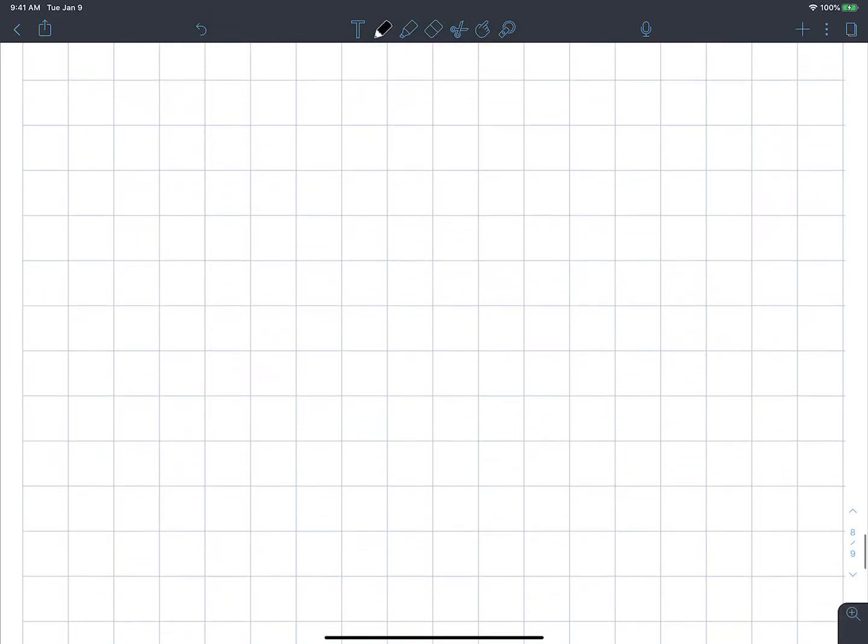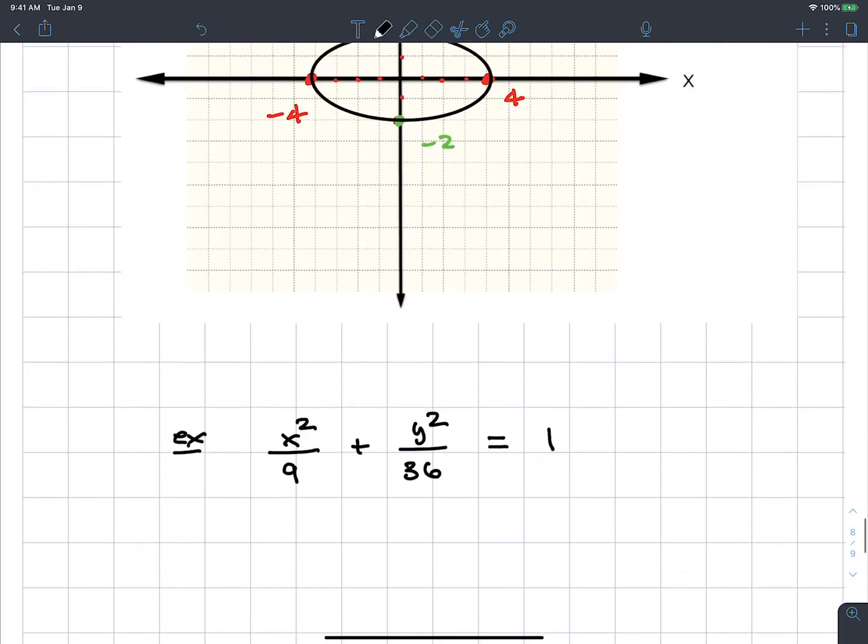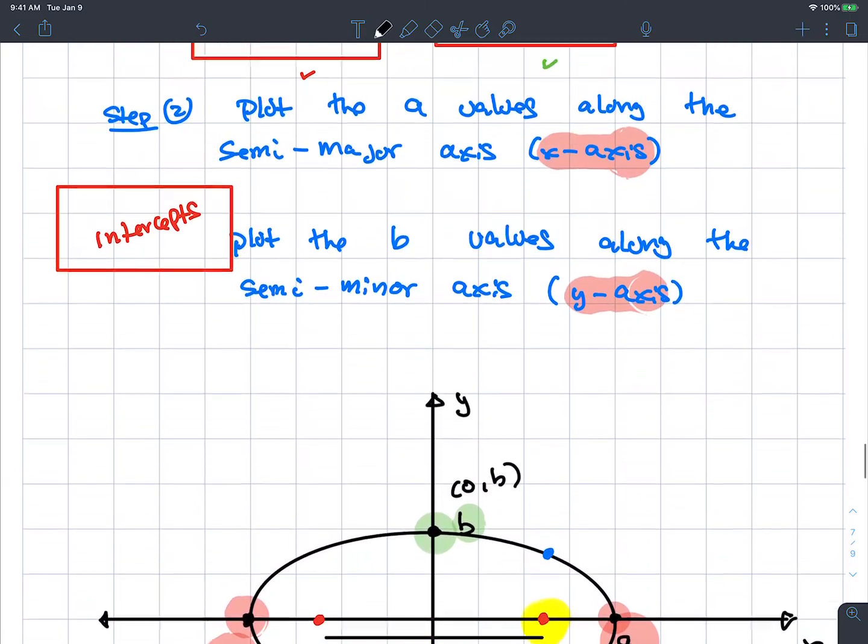I'm just going to give you some more examples. How do we sketch this? So I'm going to give you another ellipse here. We have x squared over 9 plus y squared over 36, and that has to equal 1. Remember, the equation of an ellipse must look like this.